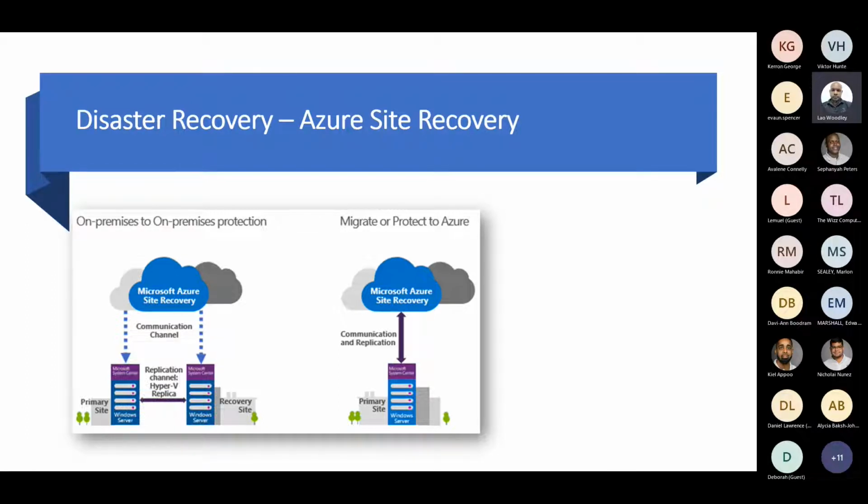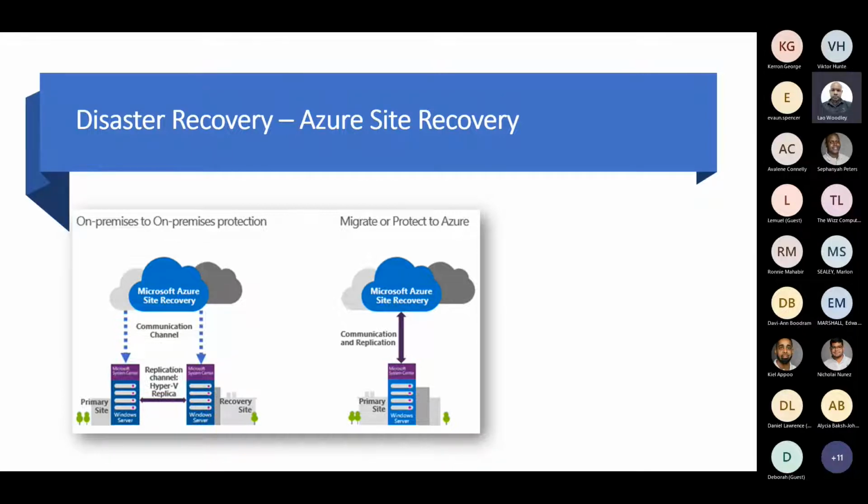So Site Recovery basically is a site replication service. And basically, it's designed to keep the business running and keep the apps within the business, the workloads, continually running during outages at the primary site.